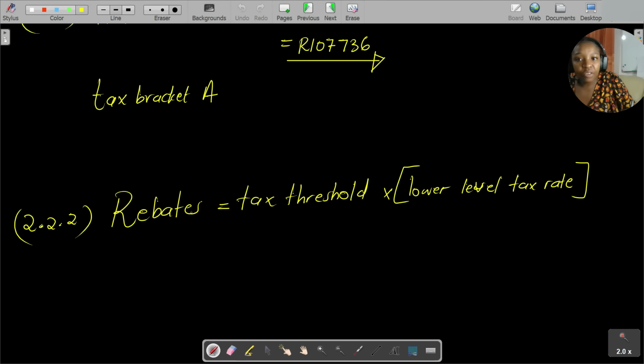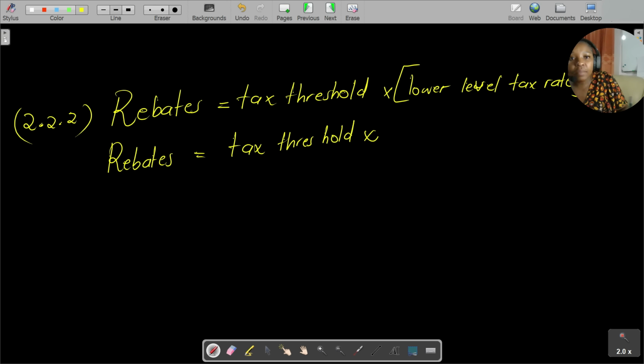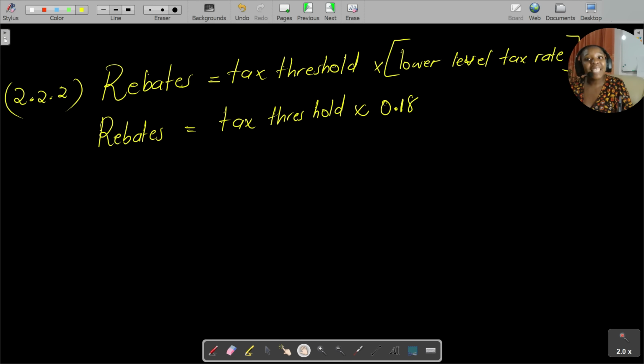So we can write this as rebates is equal to the tax threshold multiplied by the lower level tax rate, which is 18%. Okay, this is the formula that we're supposed to use. You can also write the percent as 0.18. So we're going to use this formula to help us determine the tax threshold.